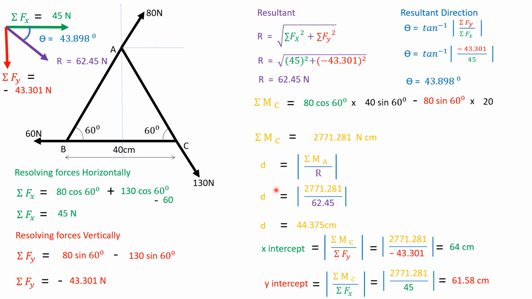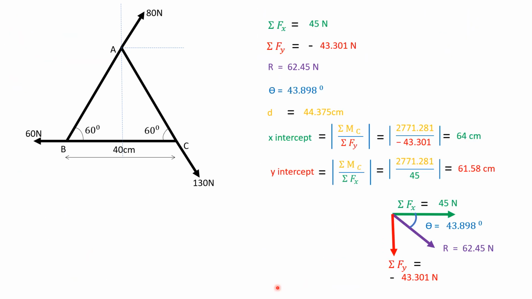What we have done is we have calculated the perpendicular distance of resultant from point C, and the x-intercept and y-intercept. So now we are locating the resultant.